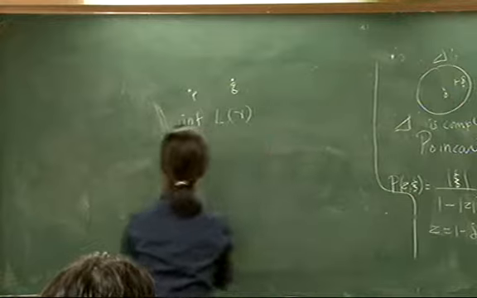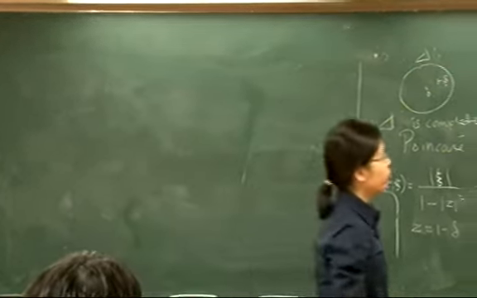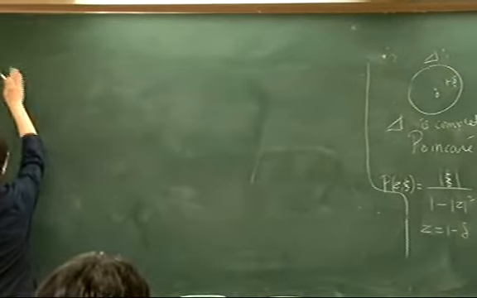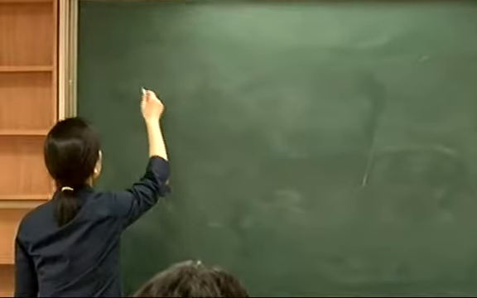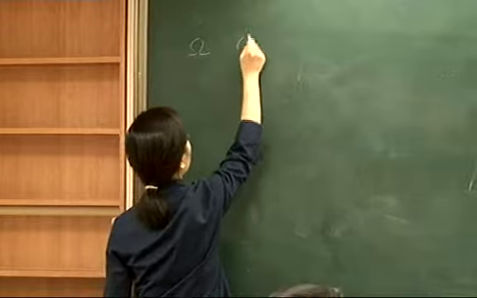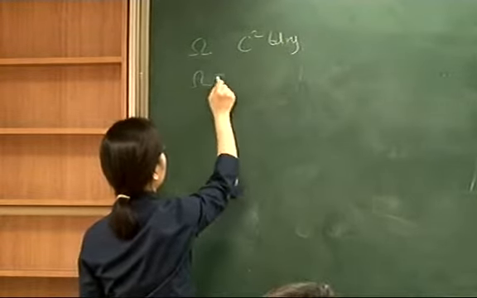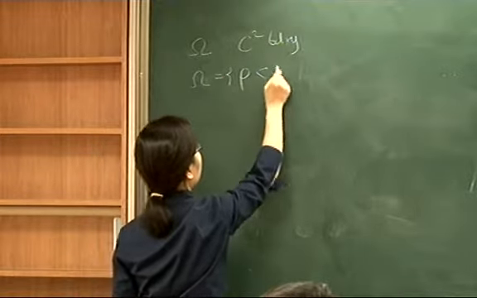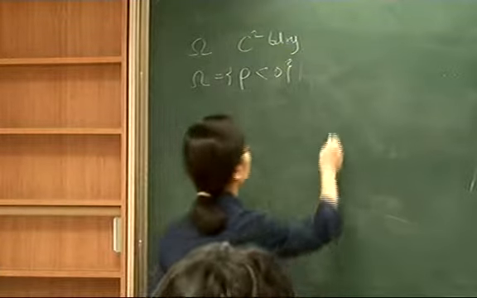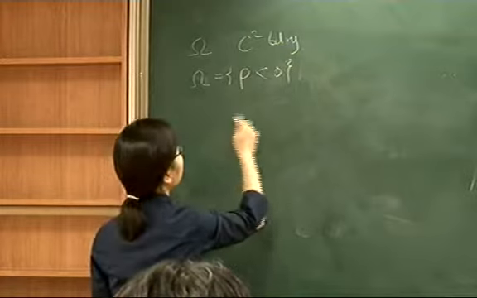So is there any geometric characterization for such domains of holomorphy in C^n? Yes, there is one. So let's say omega has C^2 boundary, and omega is defined as a sublevel set of some real valued function, called the defining function.